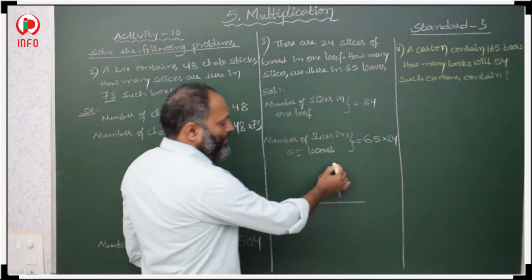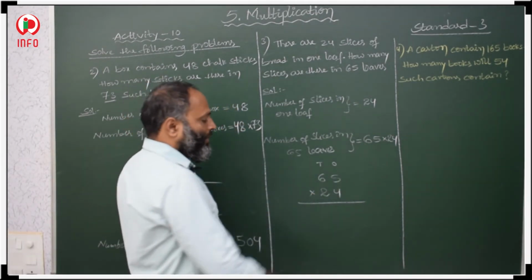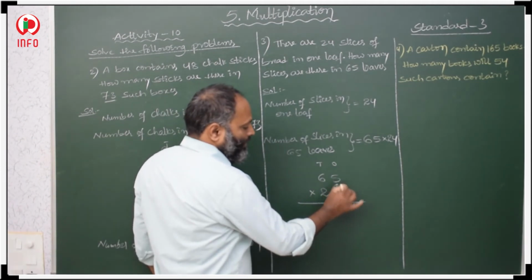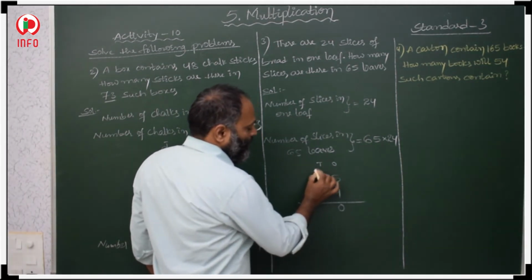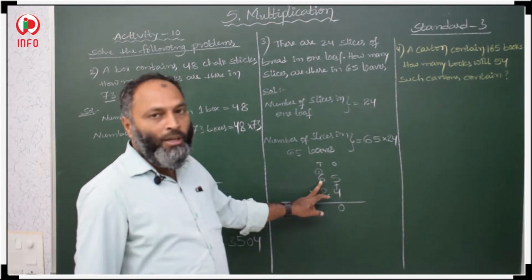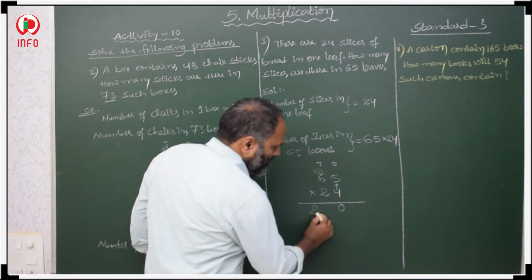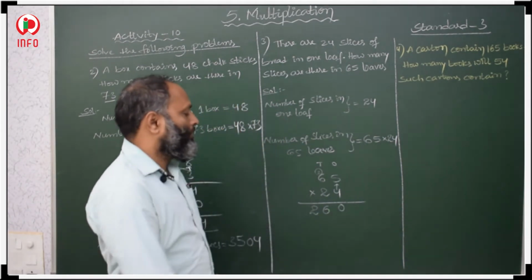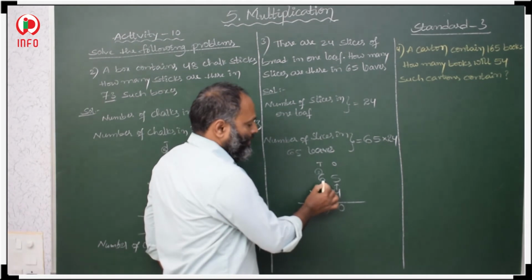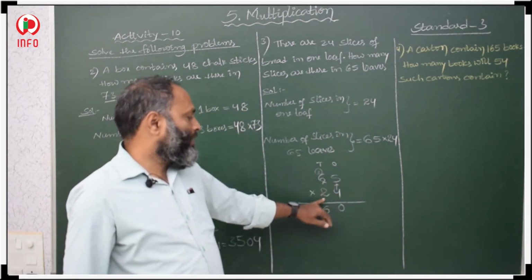This is in the ones place, this is in the tens place. Now, multiply 4 with 5, 4 5s are 20 and 2 in the tens place. 4 6s are 24, 25, 26. 4 with 5, 4 with 6 is over. Next 2. 2 with 5 and 2 with 6.